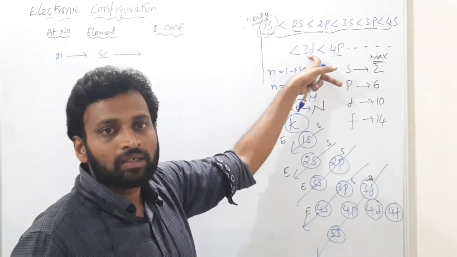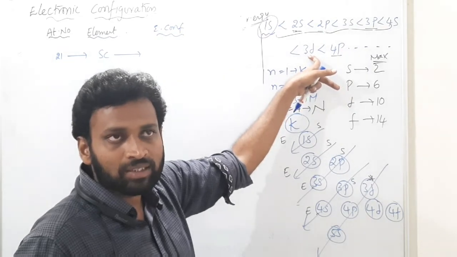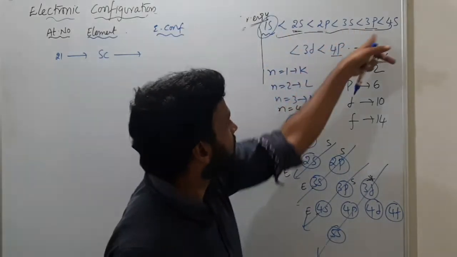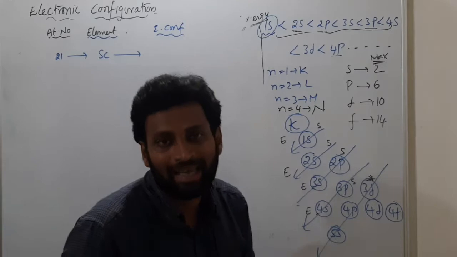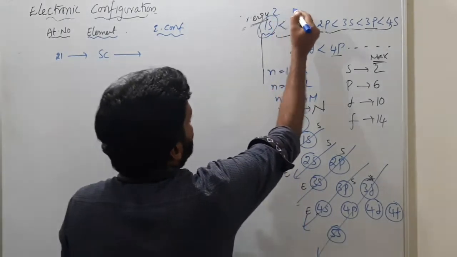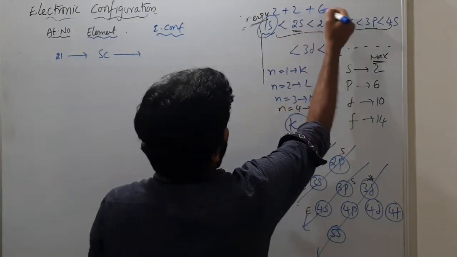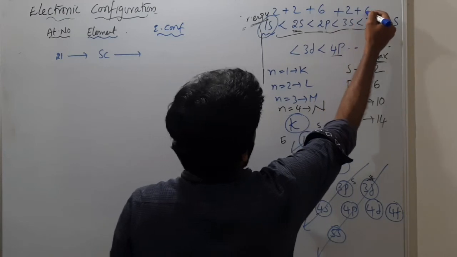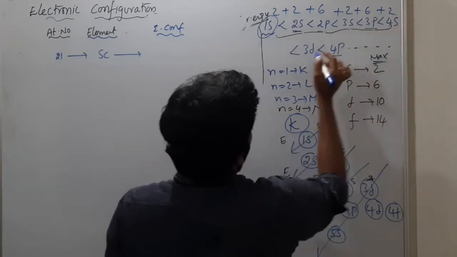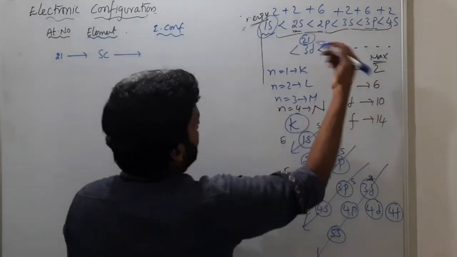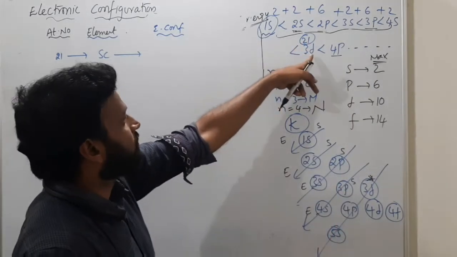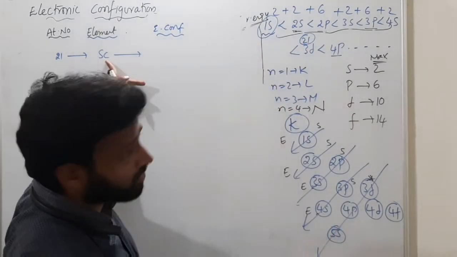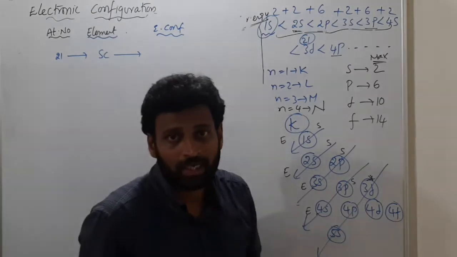What is the differentiating subshell for scandium? If you know these energies, you can add electrons: 2 plus 2 plus 6 plus 2 plus 6 plus 2, till here 20. Then the 21st electron in scandium is the last electron.